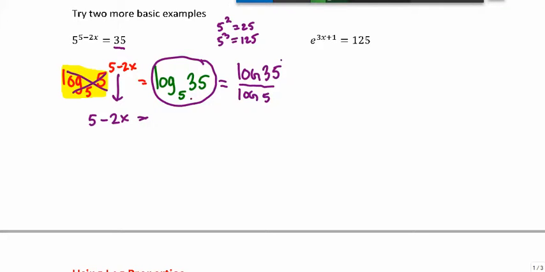The only thing you have to watch out for is that there needs to be a closed parentheses before you hit the divide sign. So right now on your calculator, go ahead and do log of 35, close parentheses, divide by log of 5, and see what you get right there.